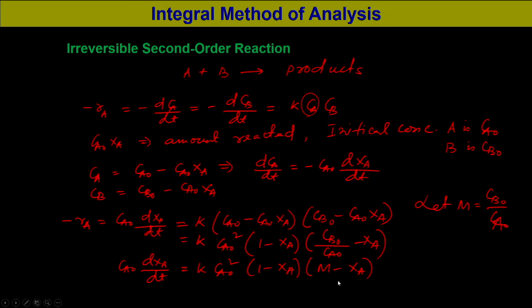From here C_A0 will cancel out. So, you will have dx_A/dt equal to k C_A0 1 minus x_A into m minus x_A.